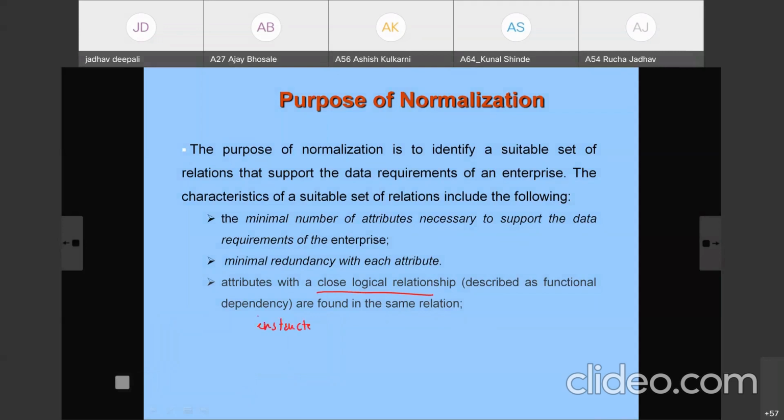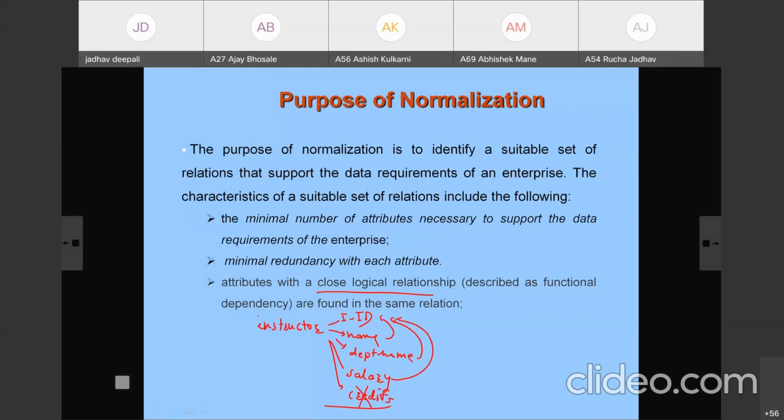ID of the instructor, name of the instructor, department name of the instructor, and salary. Suppose I add credits here. Is it relevant? No. Here in this, there is a relation. This is the name of the instructor with this ID. This is the department name of the instructor with this ID and name. This is the salary of this instructor.